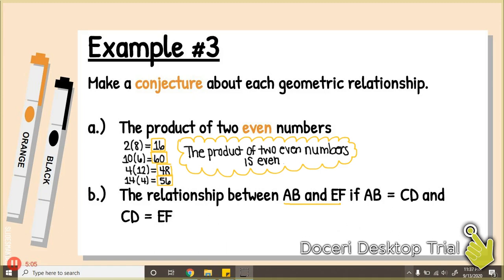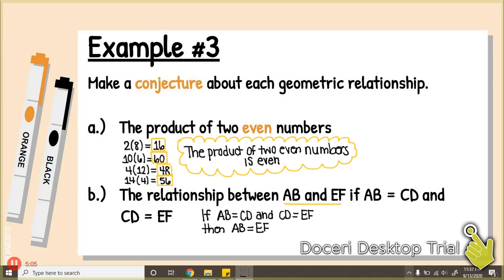So my conjecture would be, if AB equals CD and CD equals EF, then I can conclude that AB is also the same length as EF.